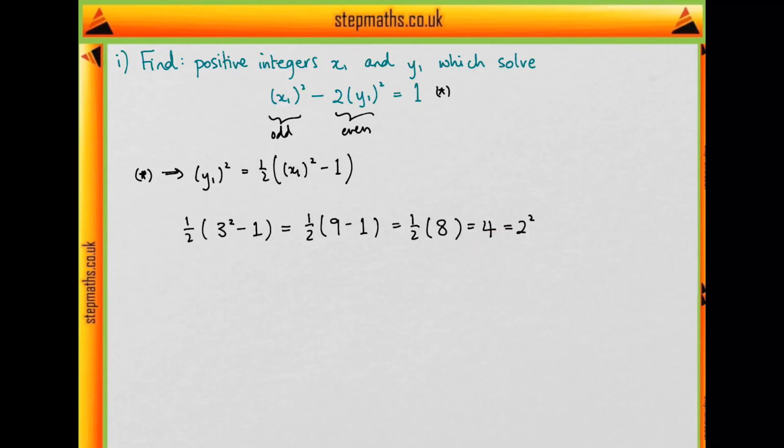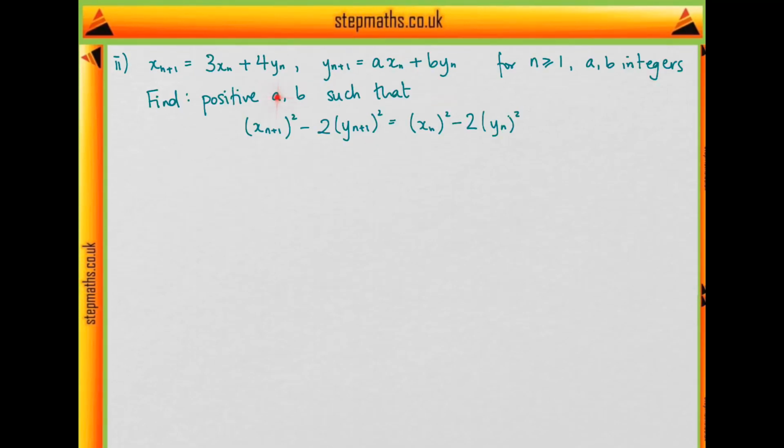So if we take our x1 to be 3, then we get that y1 must be 2, because remember it has to be positive. And so 3 and 2 is a pair that solves our equation.